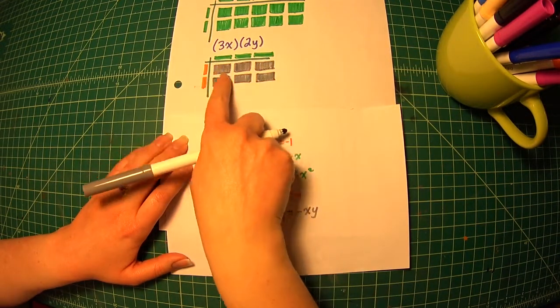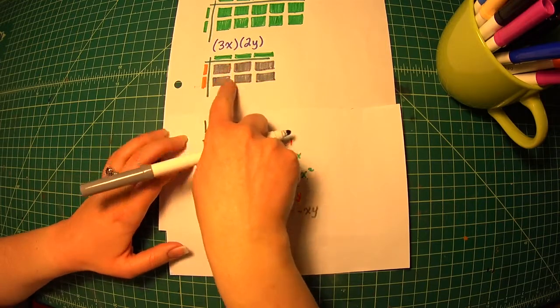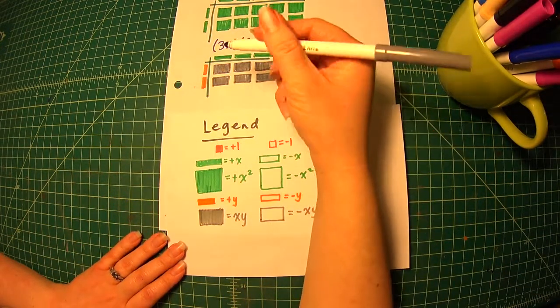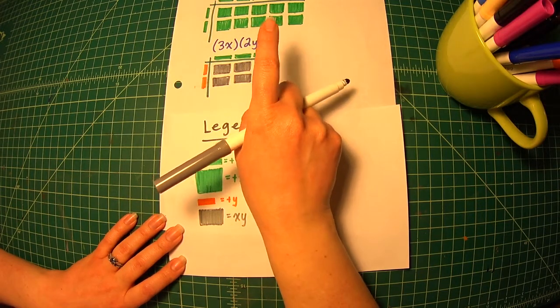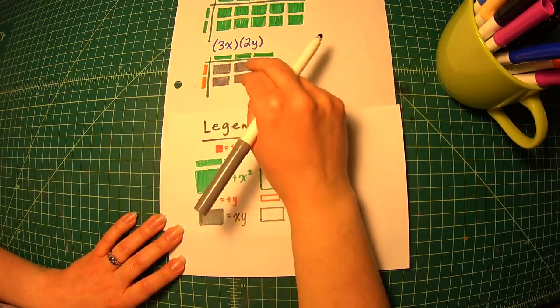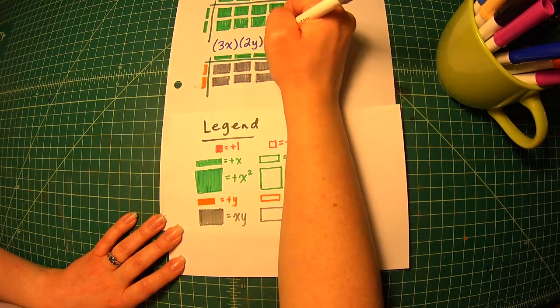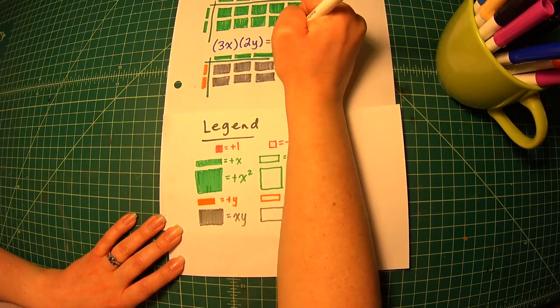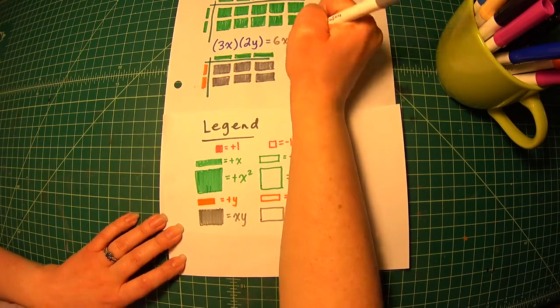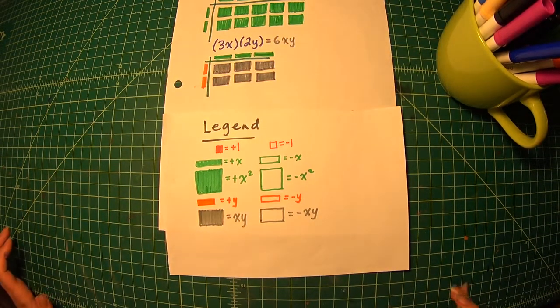My answer is now inside of my frame, so I just have to count up. Each of these was a positive xy, so I've got 2, 4, 6. So it equals positive 6xy. There we go.